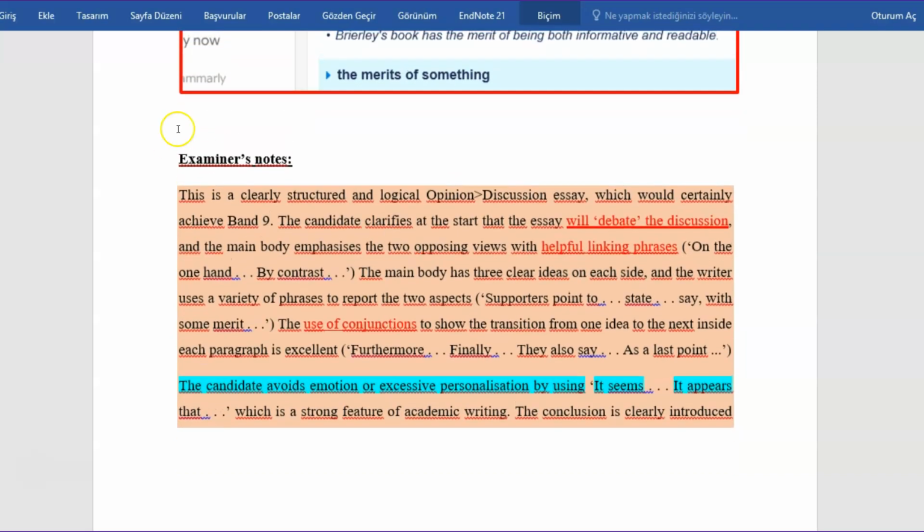Here, we are going to take a look at the examiner's note. It's important. Why? We are going to learn more about our essay quality. What they analyze here.